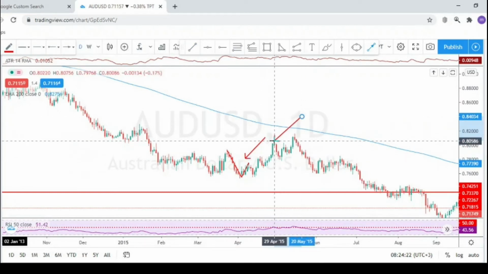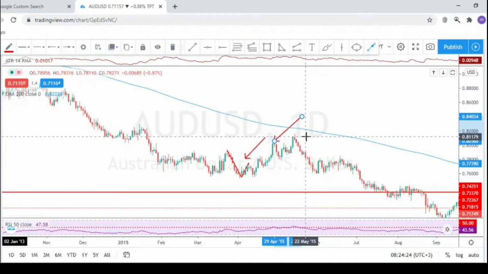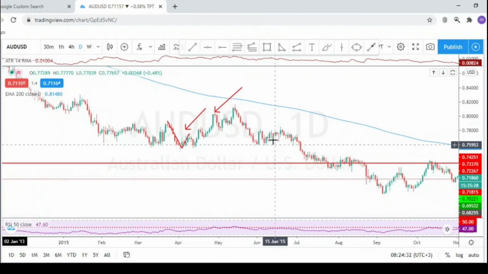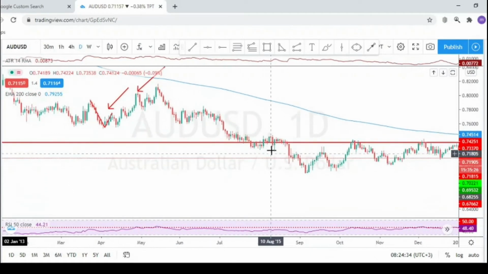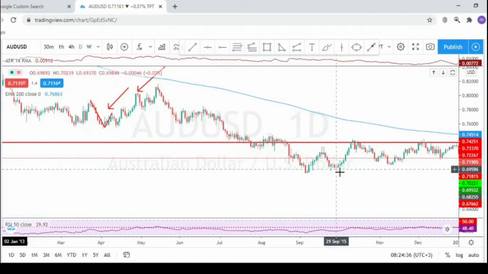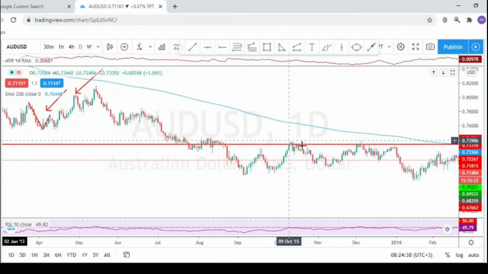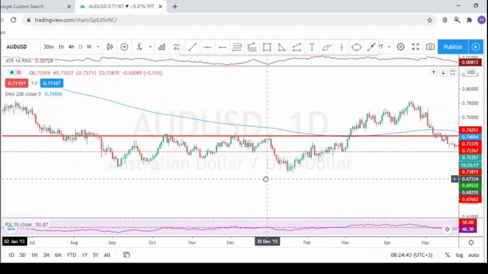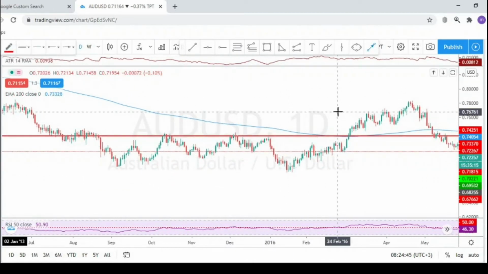This also would be a losing trade, and you'd have got stopped out by this wick, and this would be a winning trade, a winning trade if managed well. This would be a winning trade as well. This would be a winning trade. This would be a losing trade.